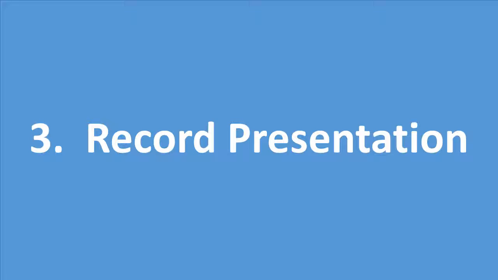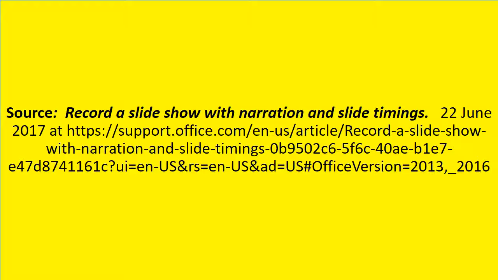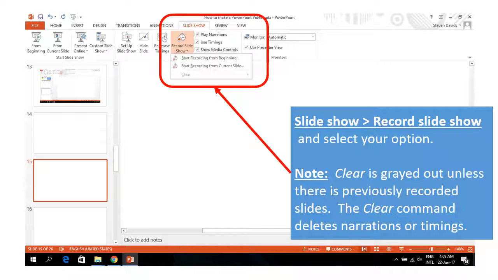You then have to record your presentation, and for this I used the source that is found on the support of Microsoft Office, and I basically simplify what is there for your purposes.